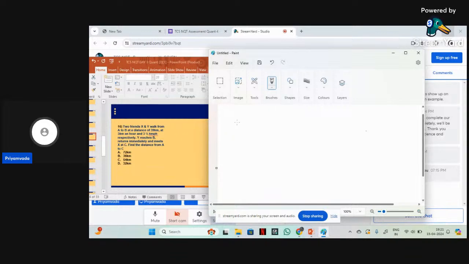Yes, here if we consider this to be point A and this to be point B, the distance between A and B is given already. X is the person traveling at 3 kilometers per hour and Y at 3.5 kilometers per hour.